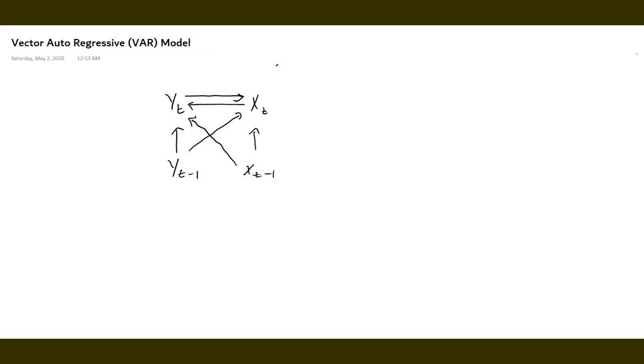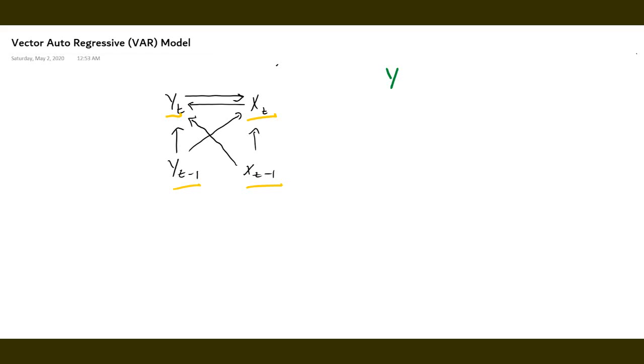Now what we want to do is to convert it into a model form. We have yt that depends on xt, yt minus 1 and xt minus 1. So how do we convert it into a model form?